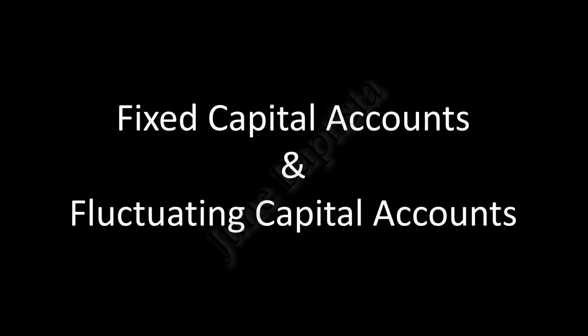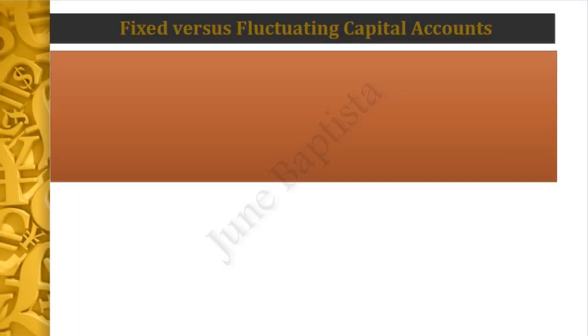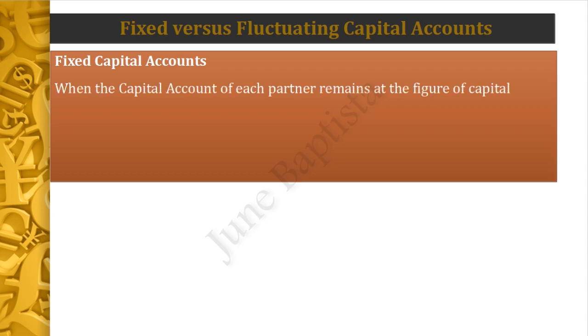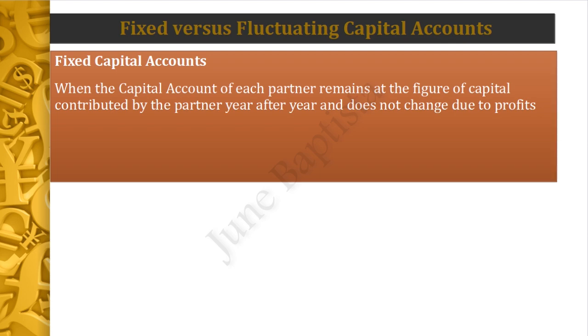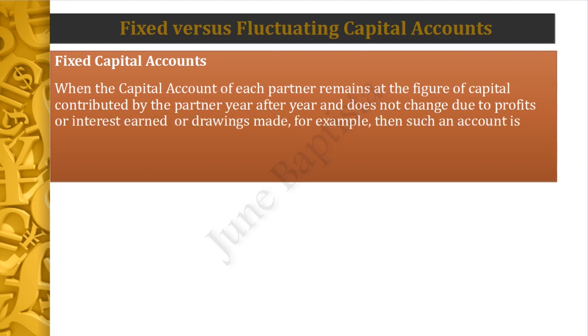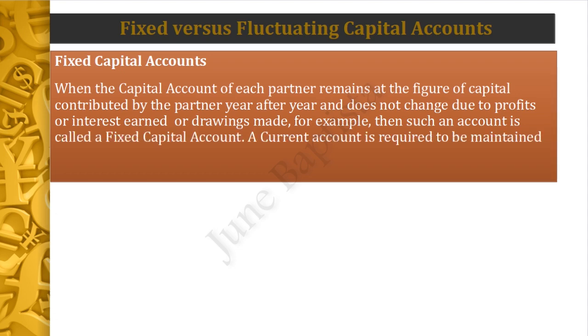In this slide, we will be examining the difference between fixed capital and fluctuating capital accounts. Fixed capital accounts. When the capital account of each partner remains at the figure of capital contributed by the partner year after year and does not change due to profits or interest earned or drawings made, for example, then such an account is called a fixed capital account.